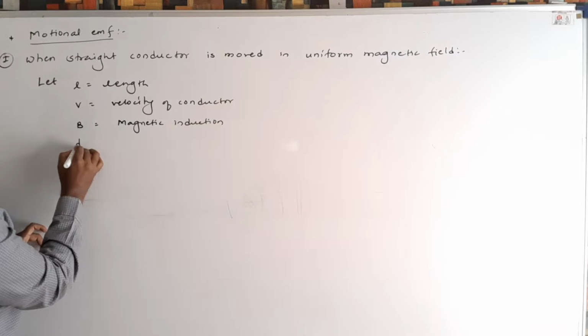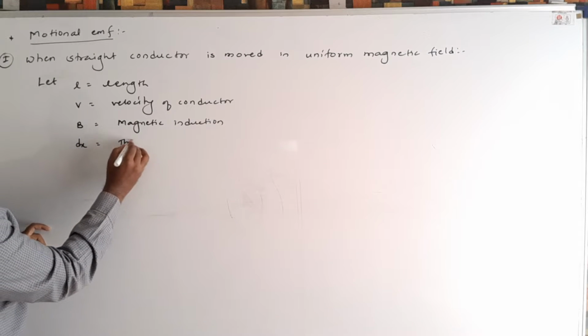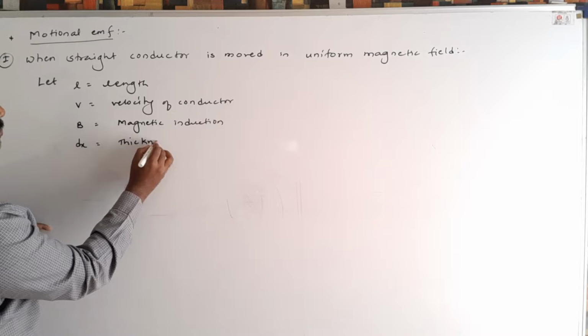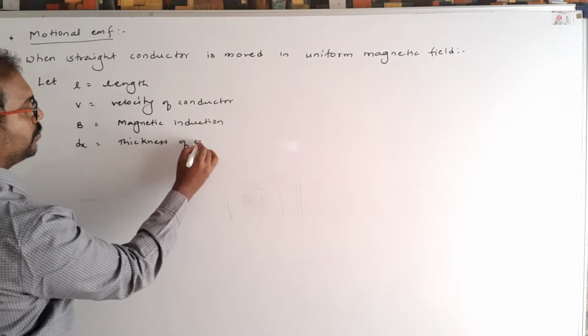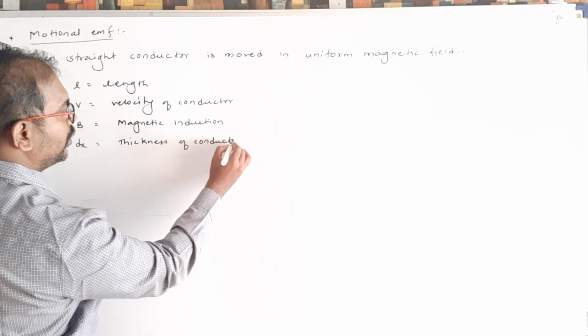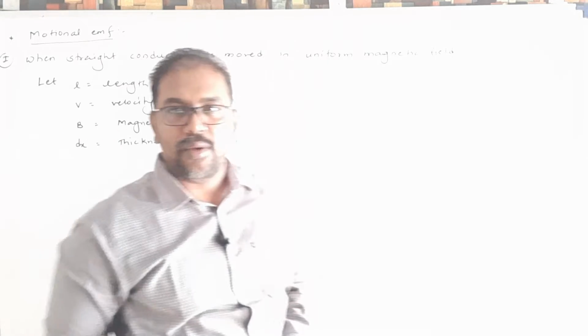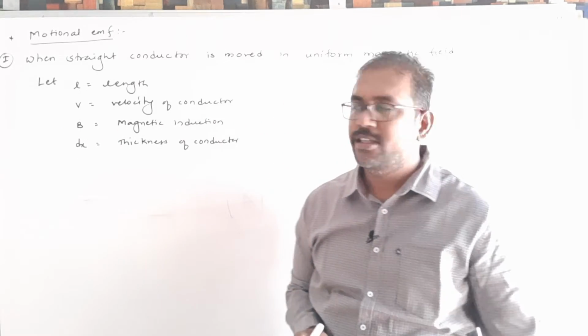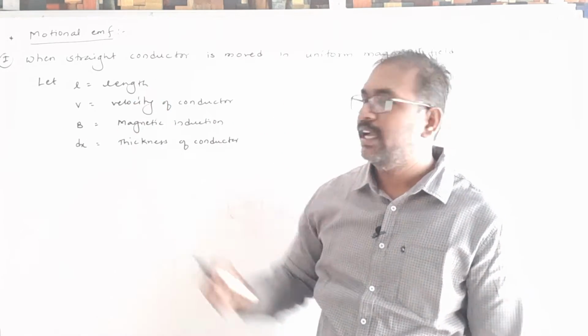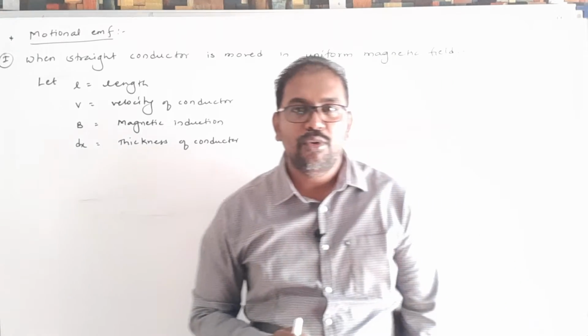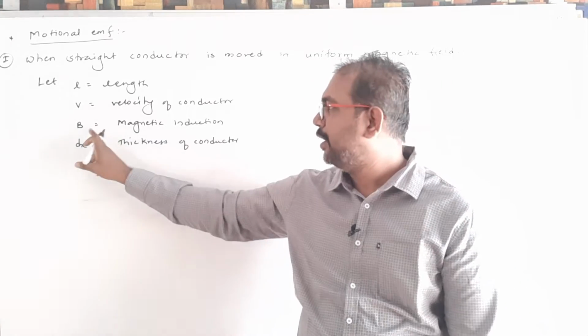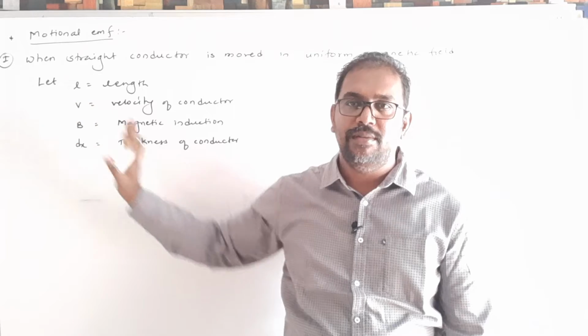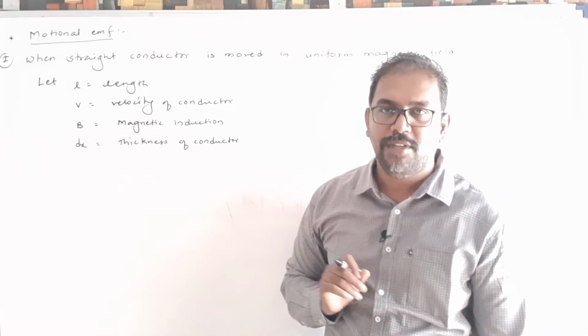Let dx be the thickness of the conductor. So we consider a straight conductor of length L moved in uniform magnetic field of induction B with velocity v. Let dx be the thickness of the conductor.